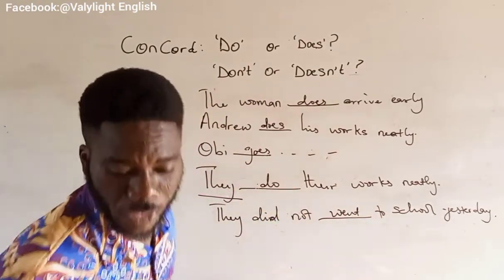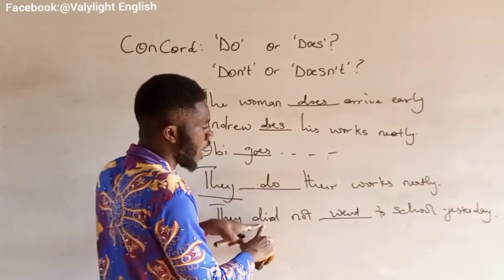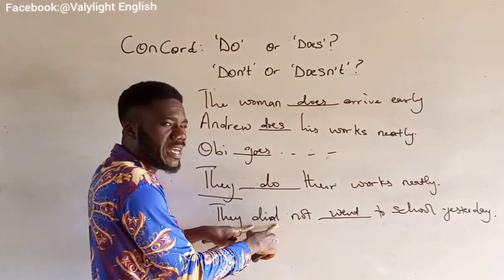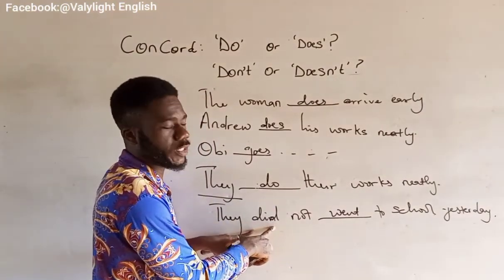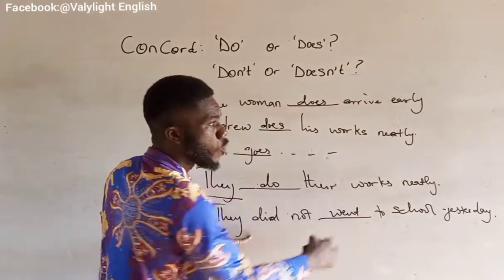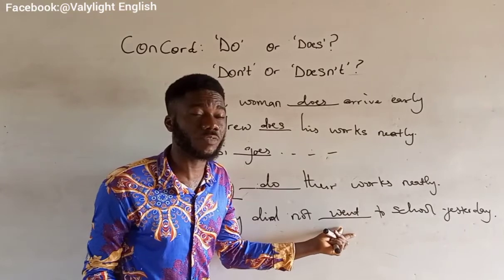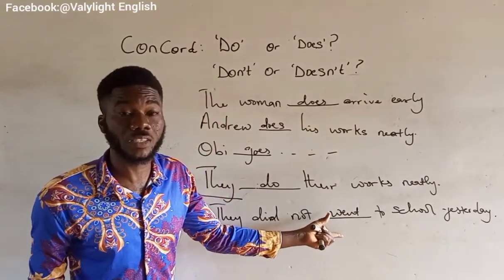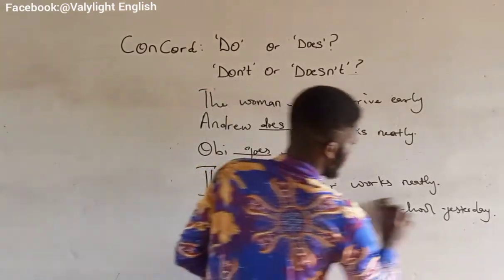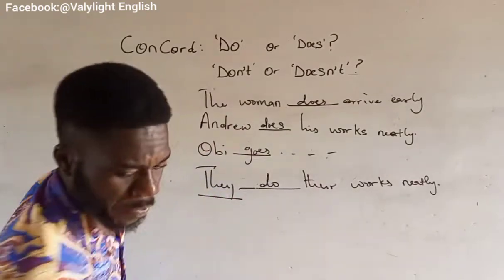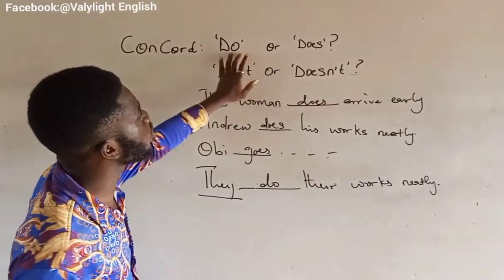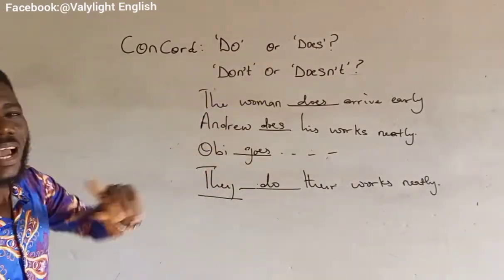No. The reason is that there is an auxiliary verb here that has played that past tense role that you want it to do. Therefore, where there is an auxiliary verb, the action verb, the main verb there, should maintain its main form. This is just fine. So that is about do and does.